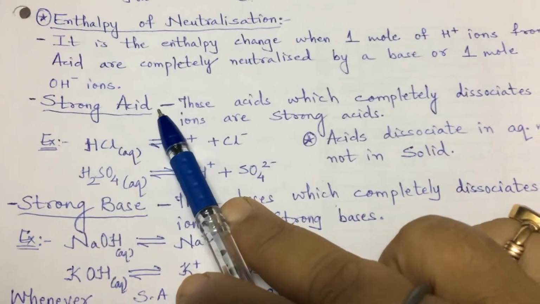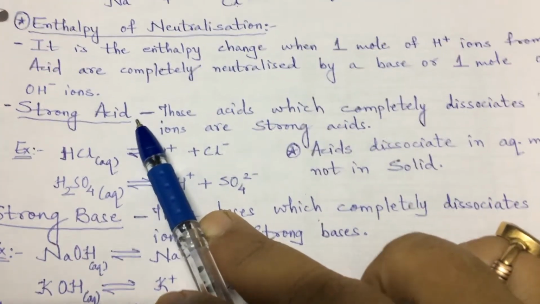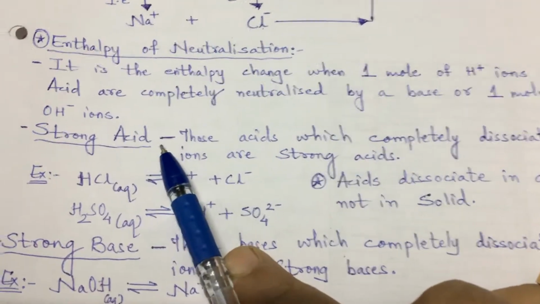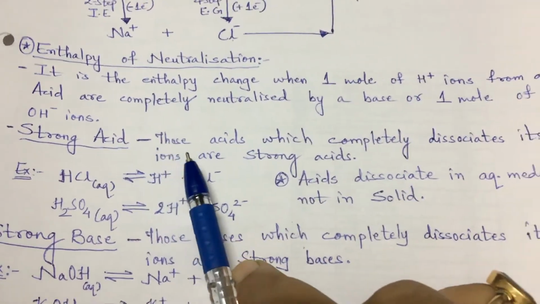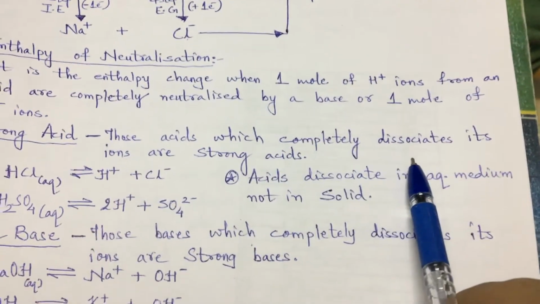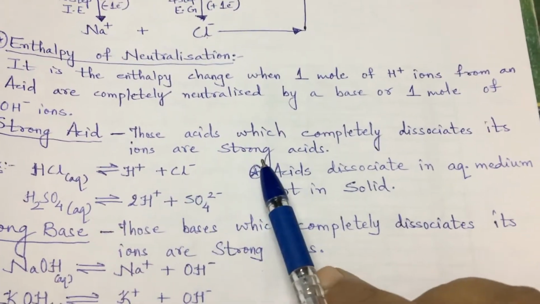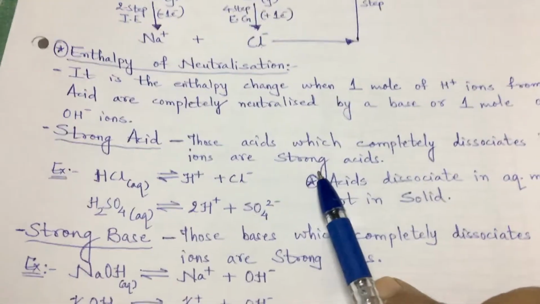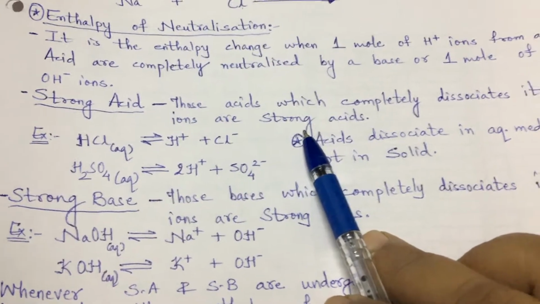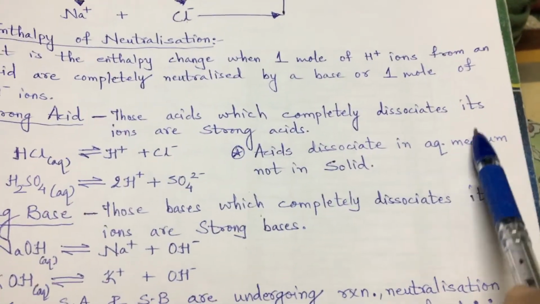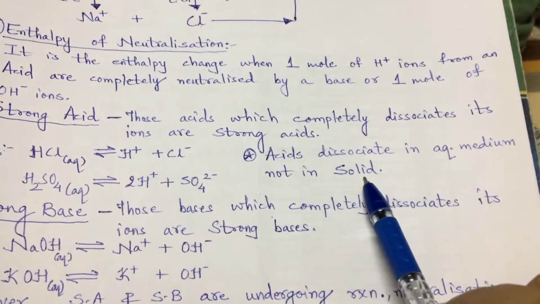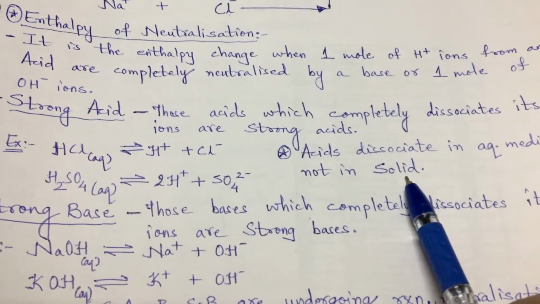So what is strong acid? Actually we know, since 10th standard we know what is strong acid, strong base. Those acids which completely dissociate into ions are strong acids, right? And mostly the dissociation takes place in aqueous medium and not in the solid. That also we have to keep in our mind.